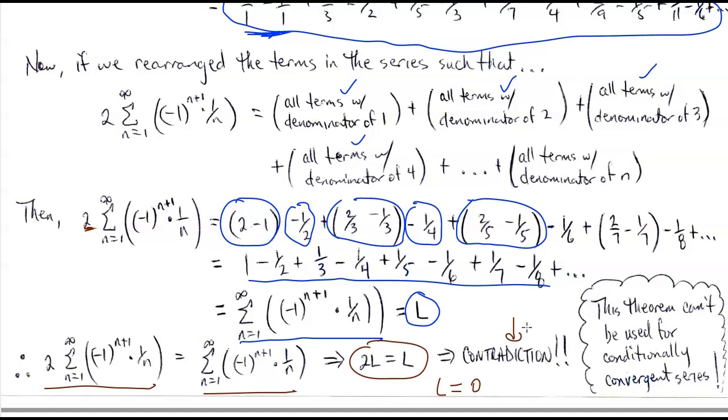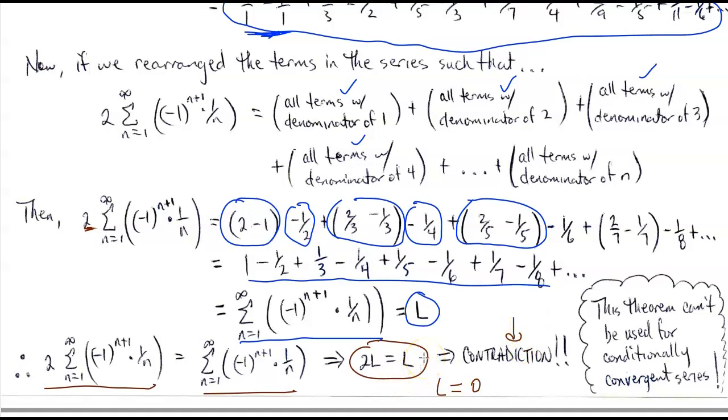So again, this is an example of what it looks like in general, using a very simple alternating series to show you why the rearrangement theorem does not work for conditionally convergent series, okay?